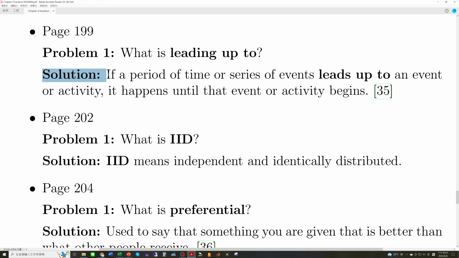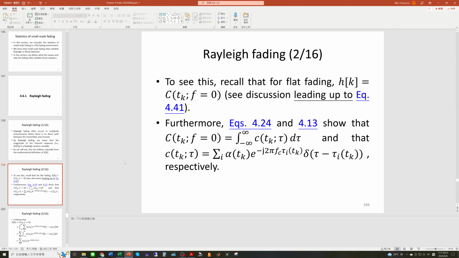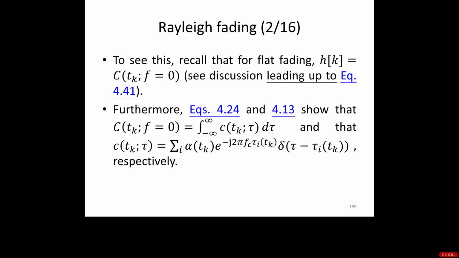Solution: if a period of time or series of events leads up to an event or activity, it happens until that event or activity begins. Let us go back to the slides.